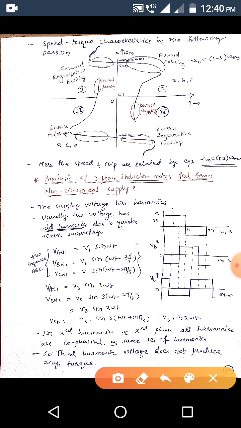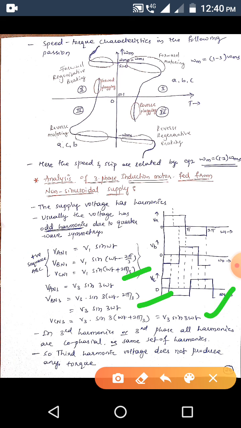So then if we go to the third harmonic of the three phase supply, Van3 will be V3 sin 3 omega t, then Vbn3 will be V3 sin(3 omega t minus 120 degree phase shift). If you simplify this, you will get V3 sin 3 omega t. Vcn3 will be V3 sin(3 omega t plus 120 degree phase shift).